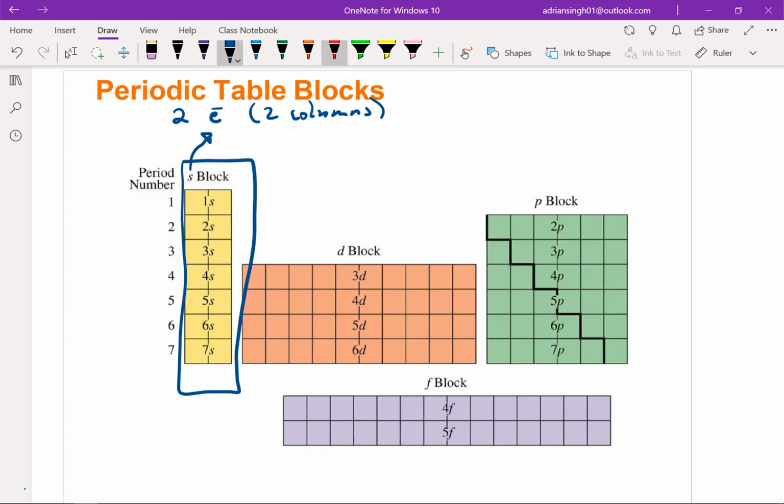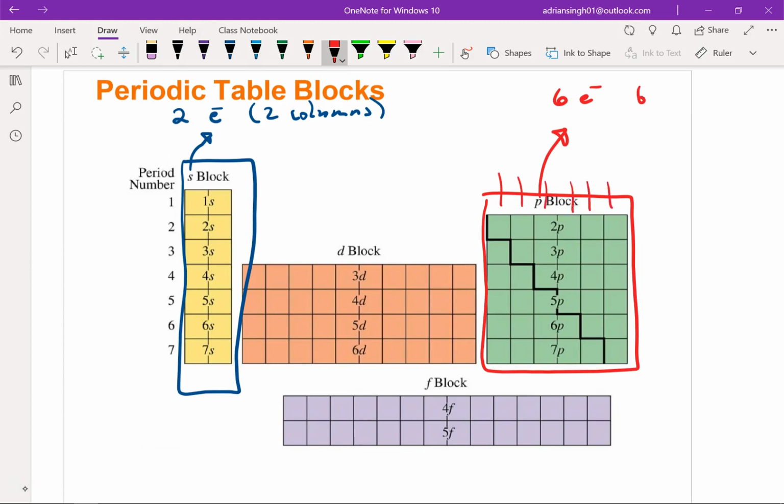The P block is over here on the right side. And if you remember, the P sublevel has 3 P orbitals, which can hold a total of 6 electrons. And how many columns do we have here? We have 1, 2, 3, 4, 5, 6 columns.